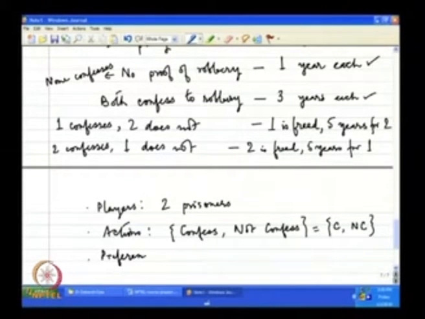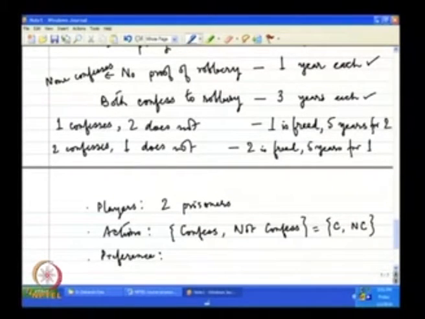They can either say that we have committed this bank robbery, or not confess. He says that I did not commit the crime. So, we shall in short write it as C and NC. All right. Thirdly, preference. We need to know what is the preference of each prisoner.